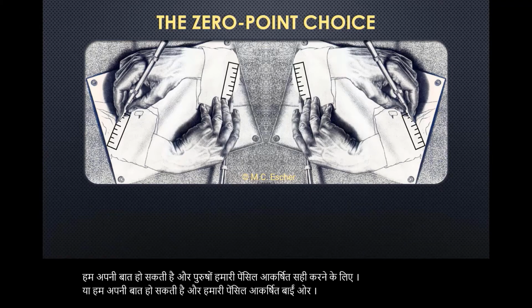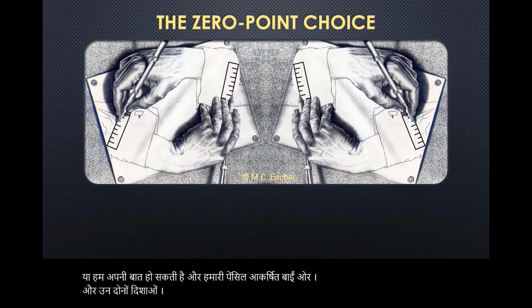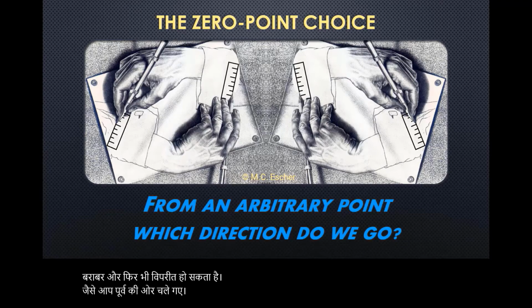And both of those directions can be equal and yet opposite, just as if you walked east and then you walked west. So from an arbitrary point, which direction do we go? Well, the west says we only ever go off to the right, and we call that direction positive.